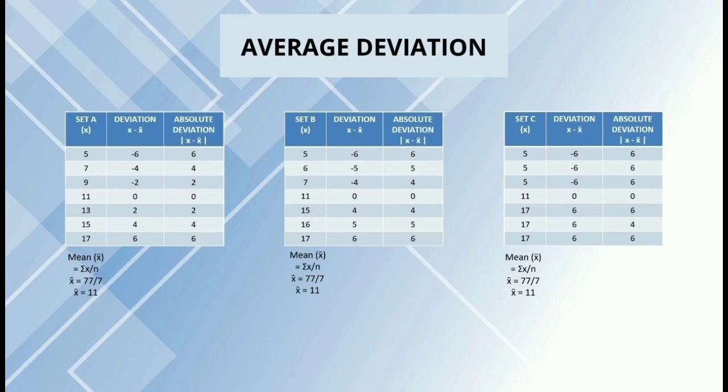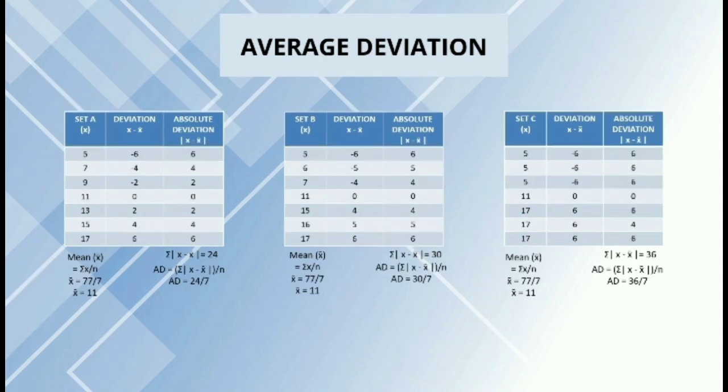Now that all absolute deviations of each data set have been solved, the average deviation of each respective set can then be calculated. For each set starting from set A, we find the sum of all the absolute deviations and then divide the sum by its population, which is the same value used to calculate the mean of sample A, so 7.